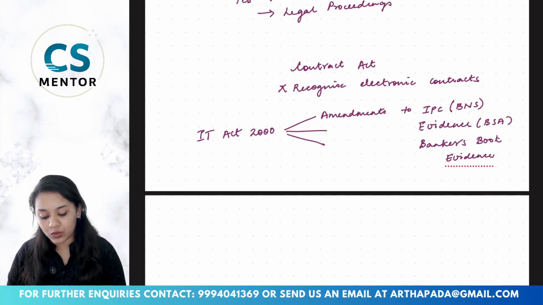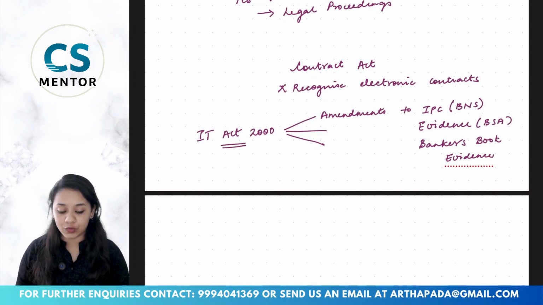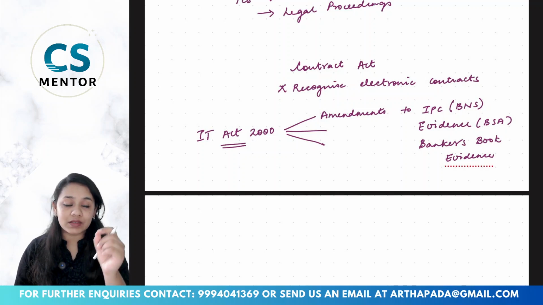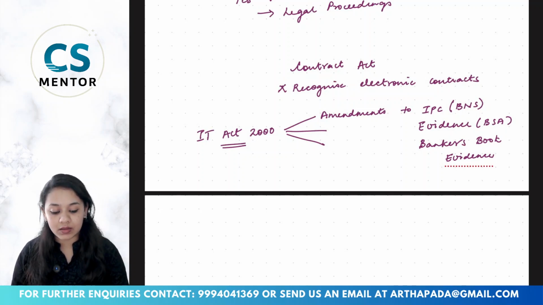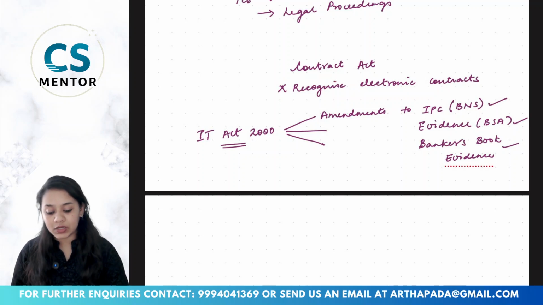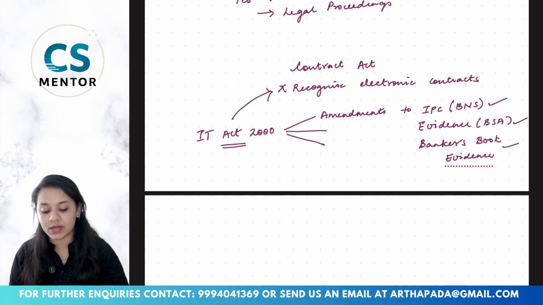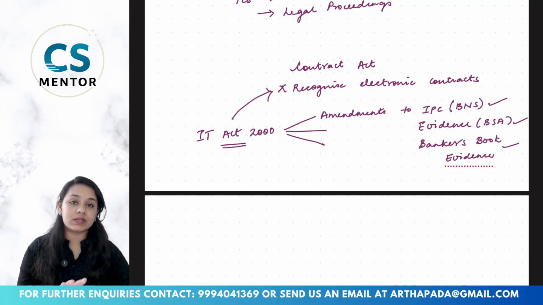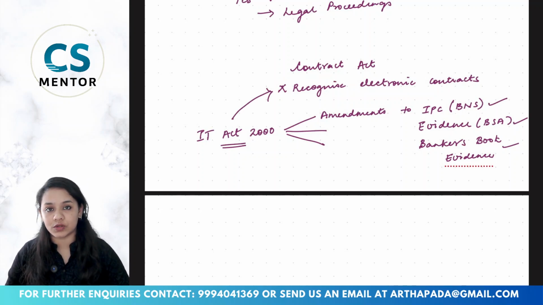So, can you see how one law, the IT Act of 2000, is making a textual amendment in the IPC, in the evidence law, and another law? Similarly, it also went ahead and recognized electronic contracts. This is the basis of your IT Act of 2000.